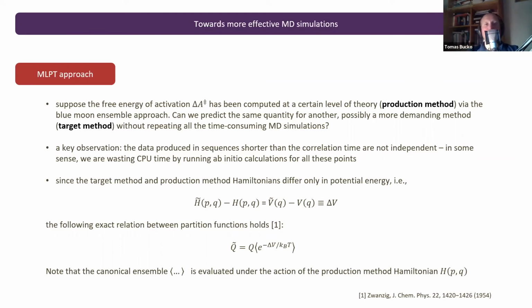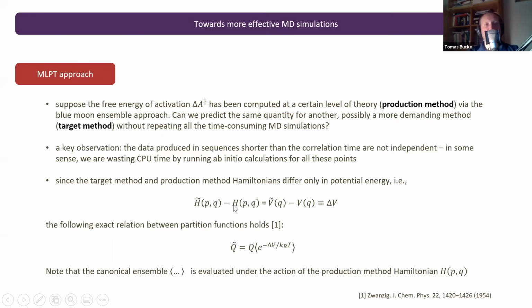But look, once we have already performed the simulation at a certain level of theory, we have already propagated it in time. So perhaps there is a way to somehow reweight statistics in an umbrella sampling-like fashion, maybe, right? And somehow be able to deduce, so only repeat the calculations at a higher level of theory for a reduced number of points, right? So this is the idea which my observation here suggests.